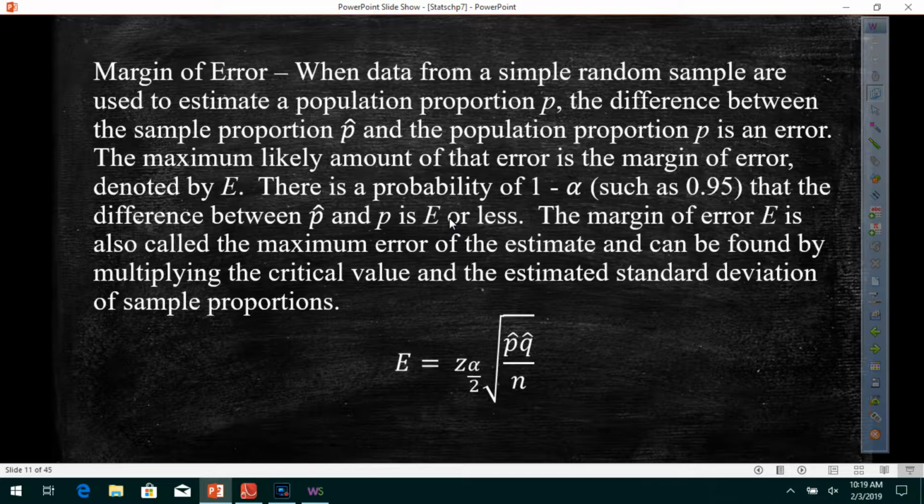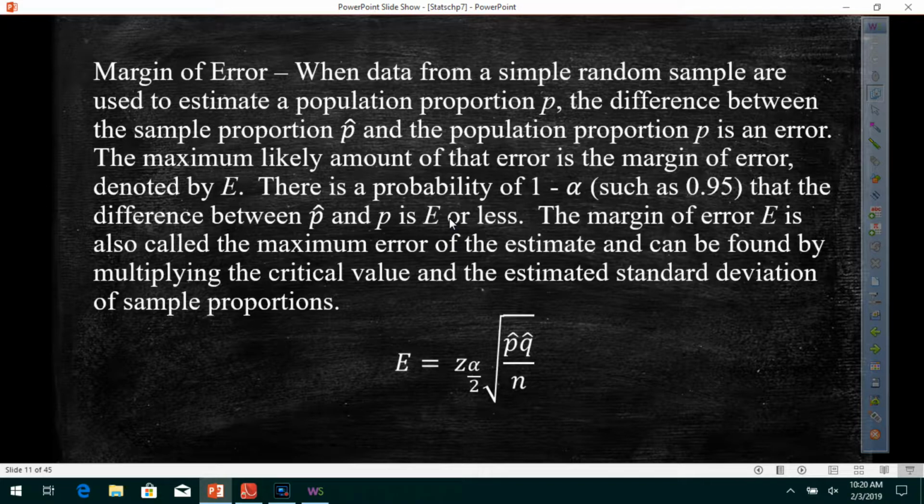The maximum likely amount of that error is the margin of error, denoted by the capital letter E. There is a probability of 1 minus alpha, such as 0.95, that the difference between p hat and p is E or less. The margin of error E is also called the maximum error of the estimate and can be found by multiplying the critical value and the estimated standard deviation of sample proportions.